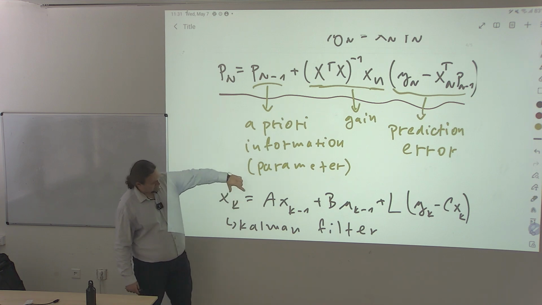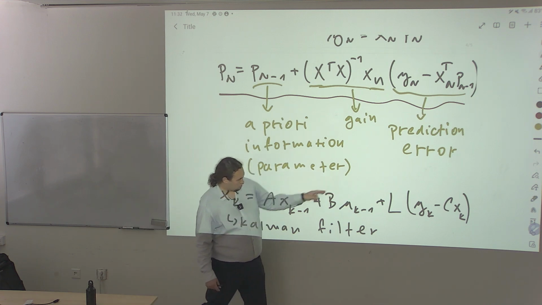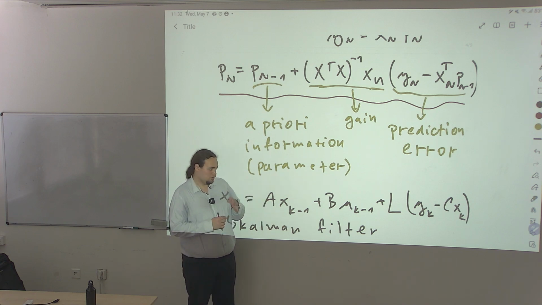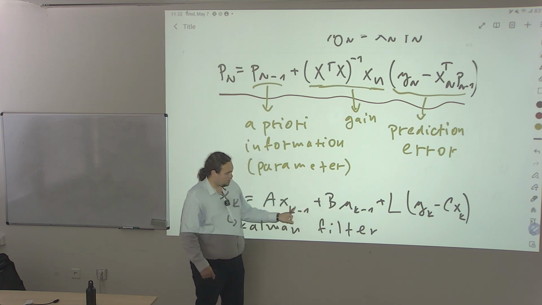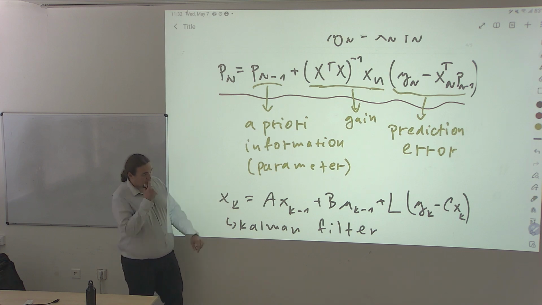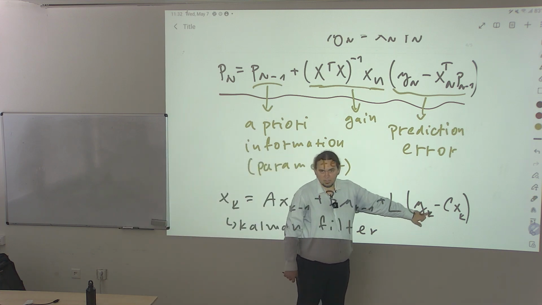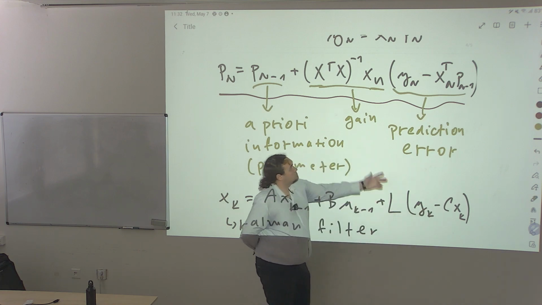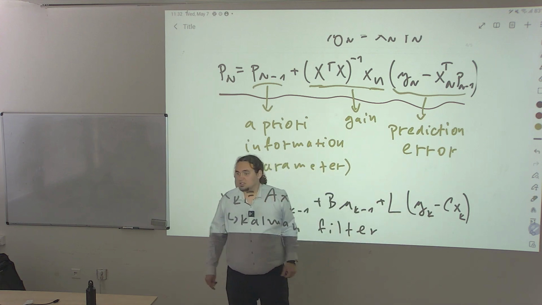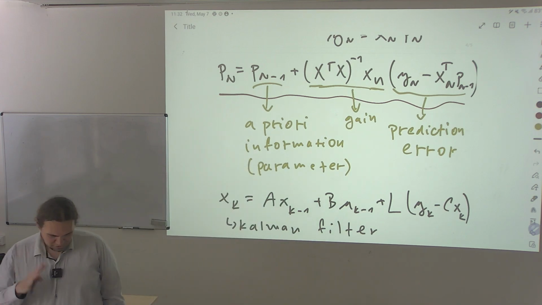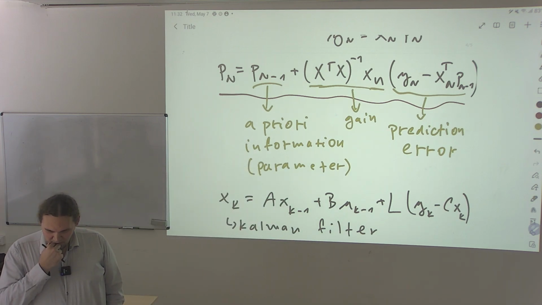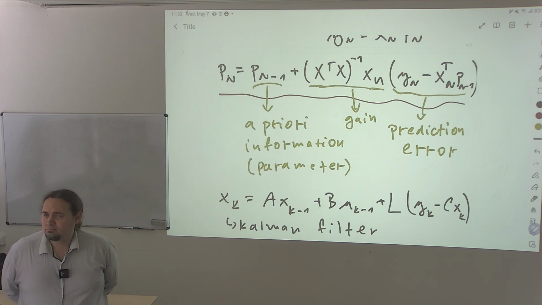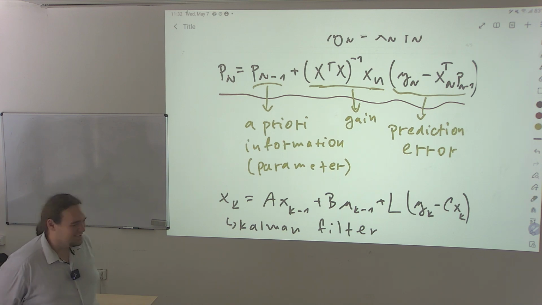I have some previous prediction from the time point k minus 1. I predict what the x k would be, but I measure something else about the state x k, so I use the update. There is again this gain matrix. So this is all in all the same stuff. Good. Any questions? Does not seem to be the case.